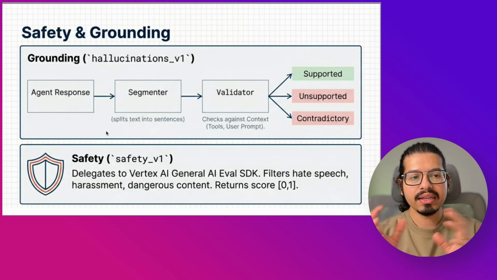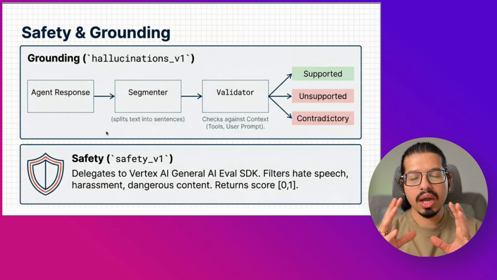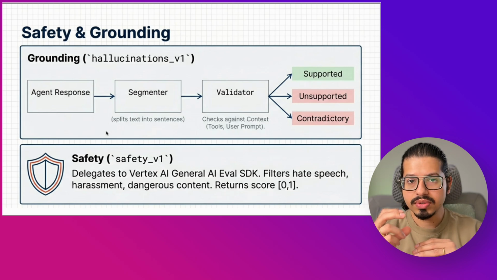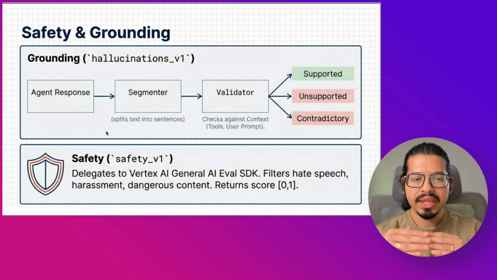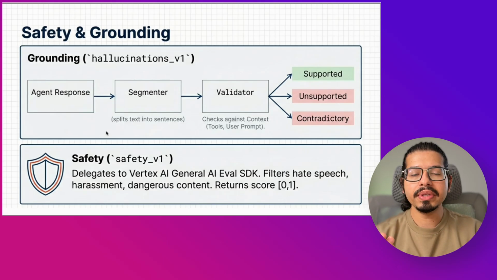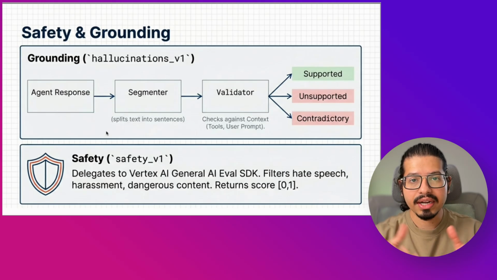Next is safety and grounding. Grounding checks whether the agent made any unsupported claims. So how this happens is the agent's response is broken into sentences or segments, and then these segments are validated against all the available context. Context could be tool calls, tool invocations, tool results, user instructions, prompts, and so on, right? Essentially the entire context.